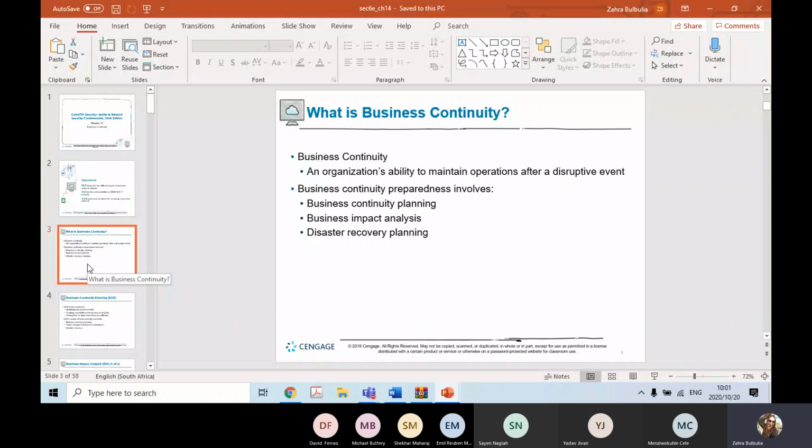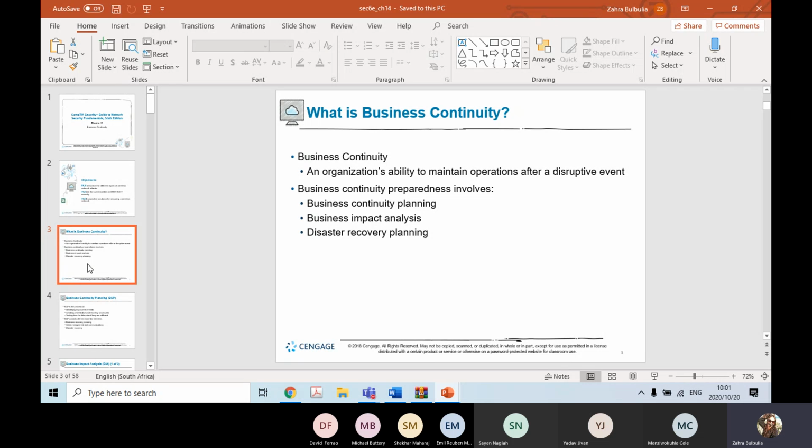Business continuity is an organization's ability to maintain operations after a disruptive event. So after your systems are hacked, after a catastrophe, it might not even be cybercrime related. It might be that there was a flood or a hurricane or some natural disaster that didn't allow your business to function. Anything that disrupts the normal functioning.